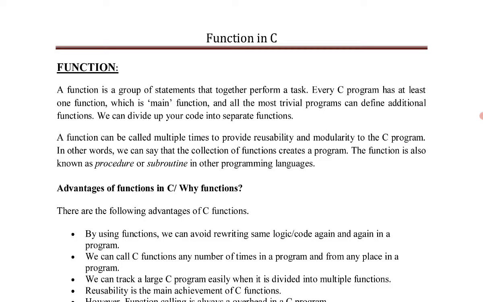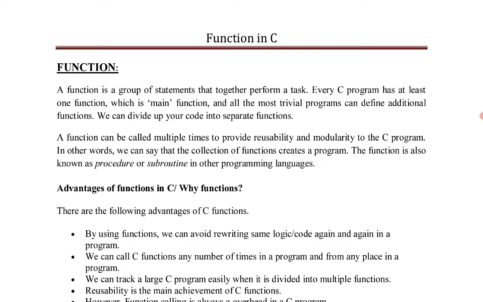So what is a function? A function is nothing but a set of statements, or a group of statements, which are executed repeatedly, called and used in a main program.